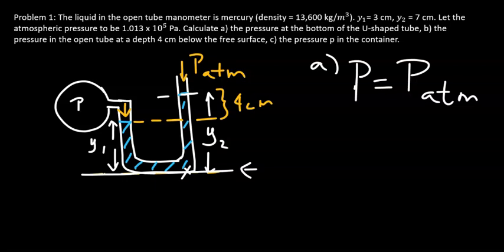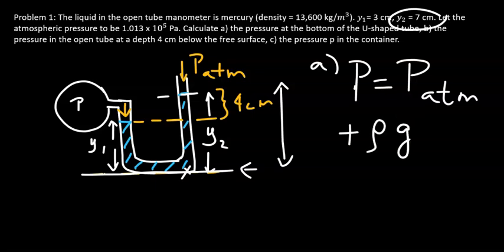And the second contribution is pressure due to this mercury column with a height of Y2, which is 7 centimeters. And that is given by the density of the mercury, gravitational acceleration, times Y2. So when you add these two terms together, you get the following for the pressure P.